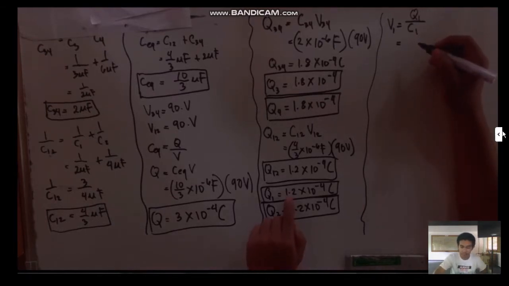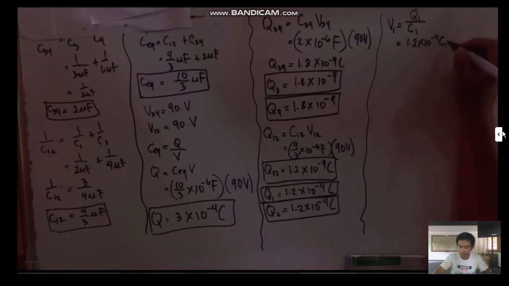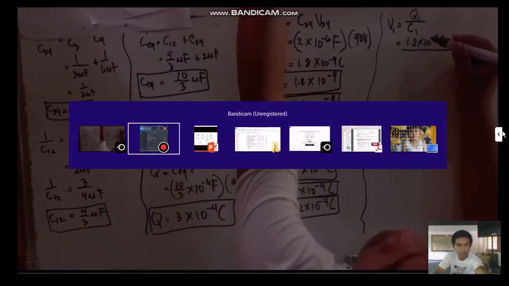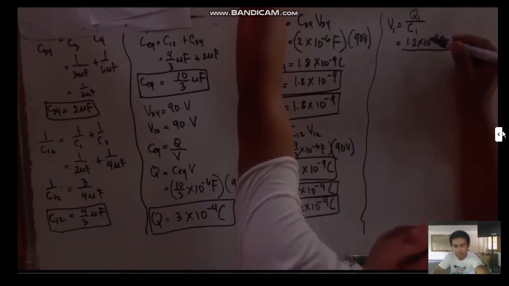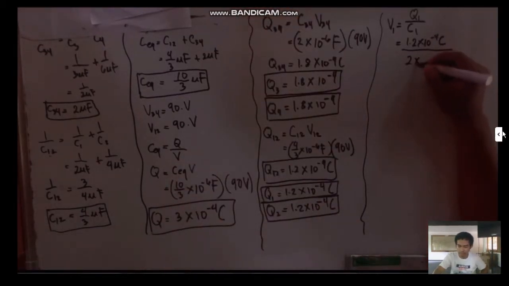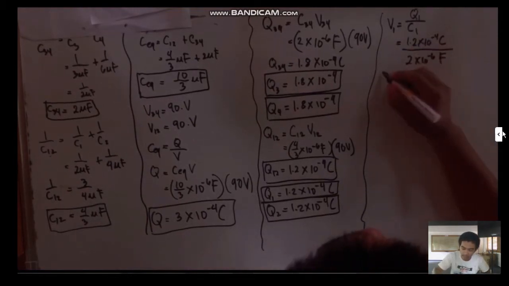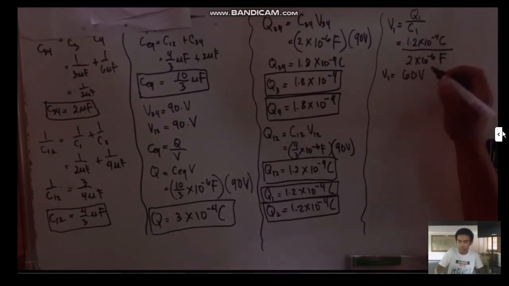Yes, we have 1.2 times 10 to negative 4 coulomb over C1, capacitance 1, which is given already. Capacitance 1 is 2 microfarad, so this is 2 times 10 to negative 6 farad. So V1 is 60 volts.